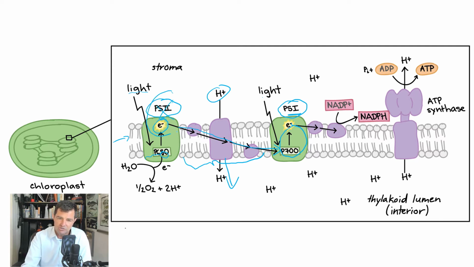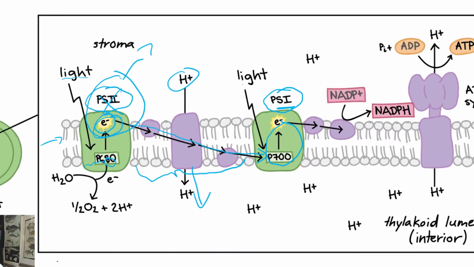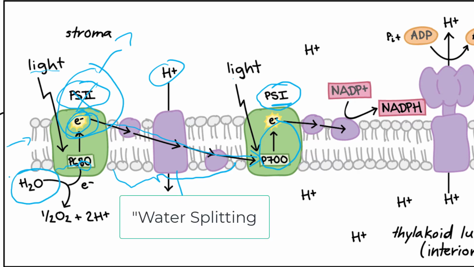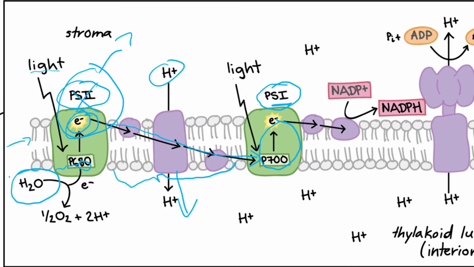Okay. Now, once that electron's gone and you've passed it on, this shuts down. You can't really do this anymore because you've lost that electron. You need to replace that electron. So how do we replace that electron? Well, we do that with an interesting reaction in which we split water. So this reaction is called water splitting. And this is the reason plants need water, in part, to run at least the light reactions of photosynthesis, as we'll call them.